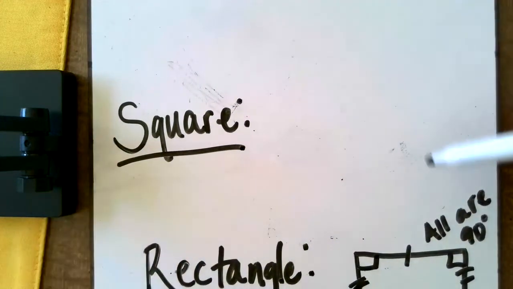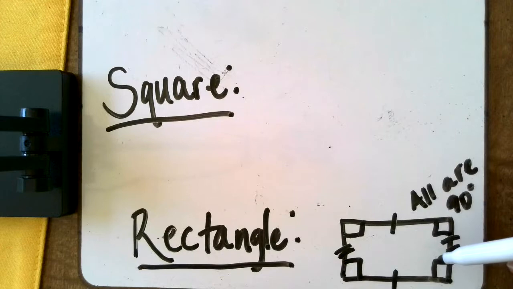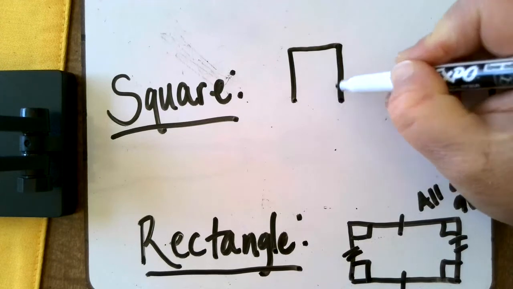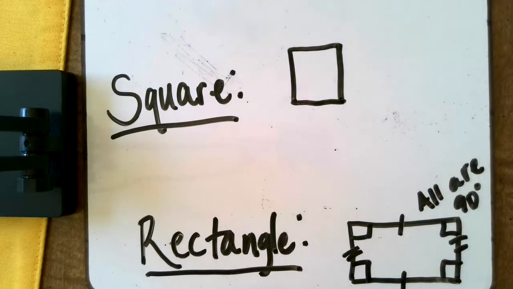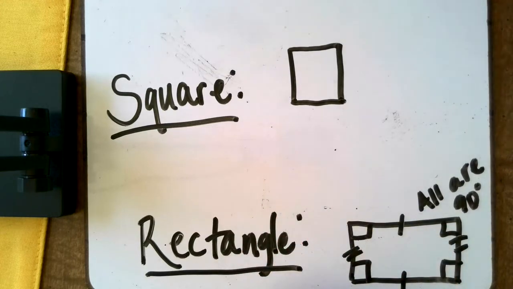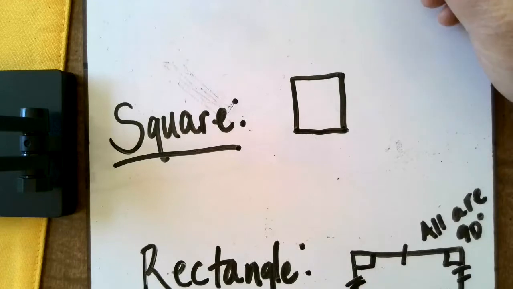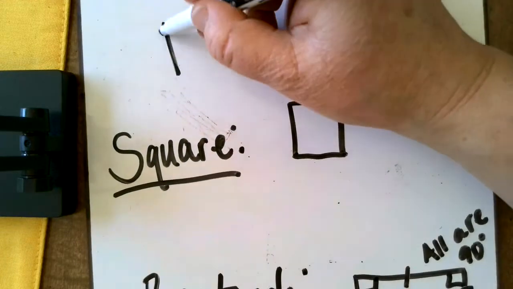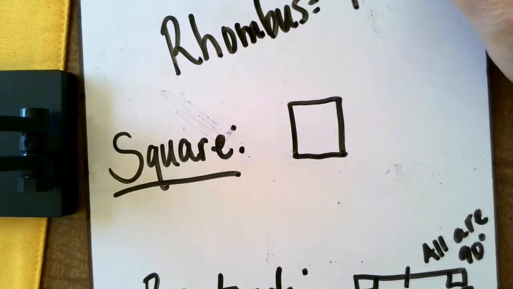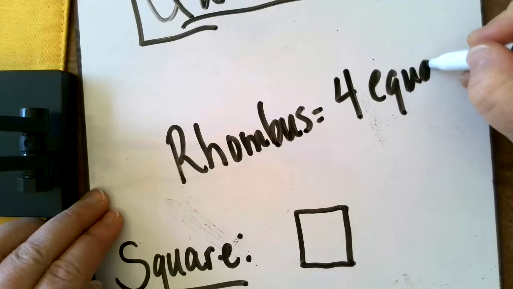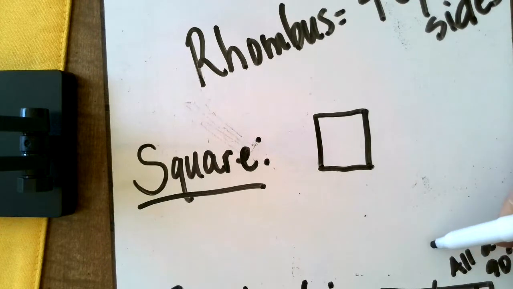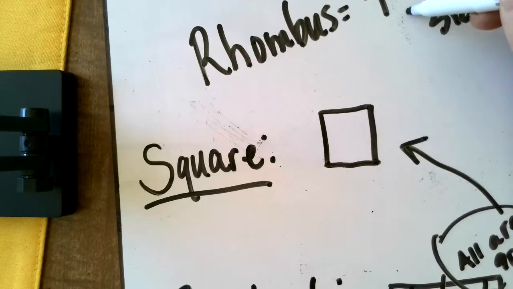So a square does build upon that rectangle, okay? Except it has attributes, meaning it has characteristics of both a rectangle and a rhombus. We know a rhombus had four equal sides. And a rectangle had all angles that are 90 degrees.